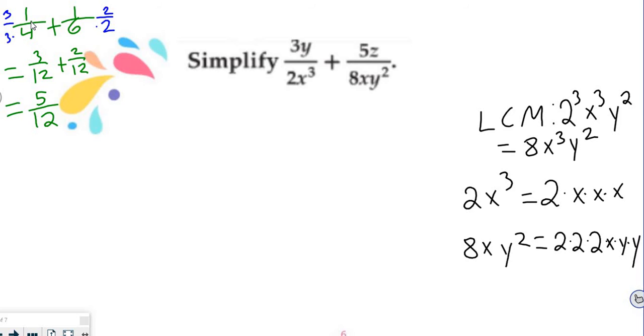So that's our least common multiple, which is also going to be our least common denominator. So it's acting like our 12. That's the denominator that I want both of my fractions to have. So now, we have to figure out what to multiply it by. So how did we choose 3 and 2 for our 1/4 and 1/6?